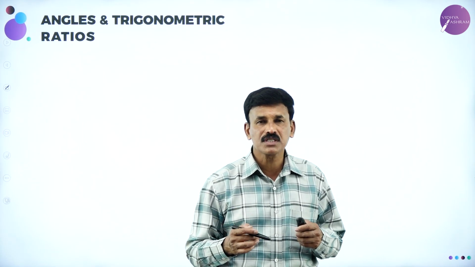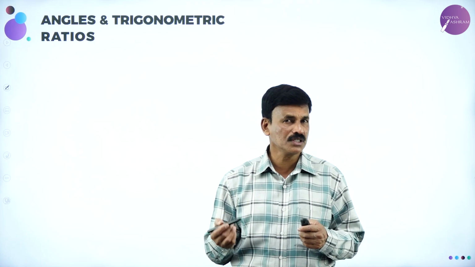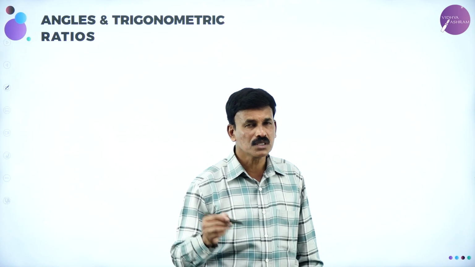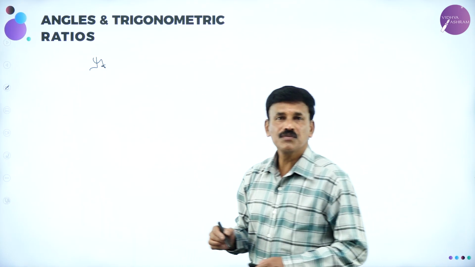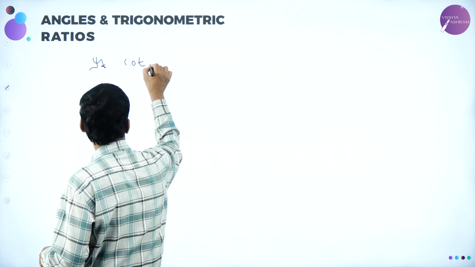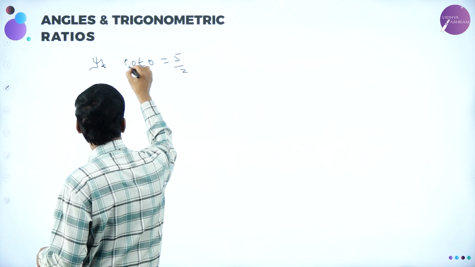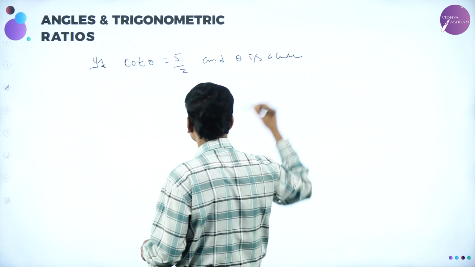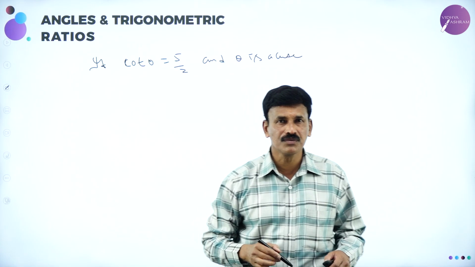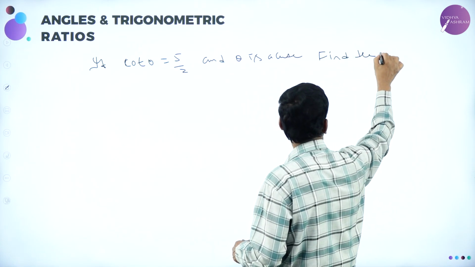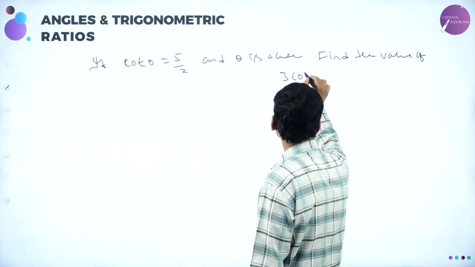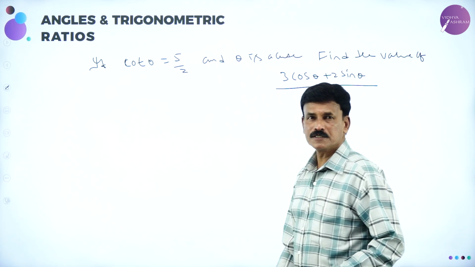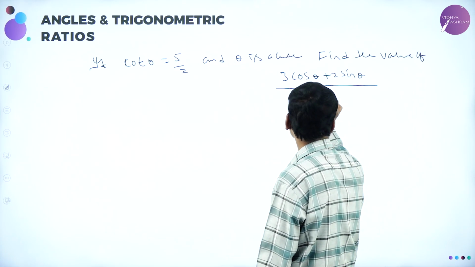In the previous class, we have studied conversion of one trigonometric function into another. Using that concept, we are going to take a few more problems. Suppose the problem is like this: if cot theta is equal to 5 by 2 and theta is an acute angle, then find the value of (3 cos theta plus 2 sin theta) divided by (3 cos theta minus 4 sin theta).